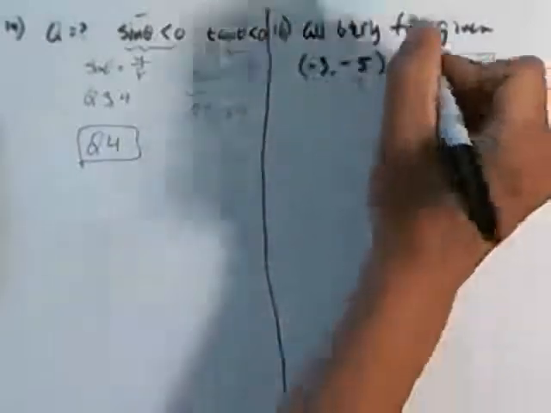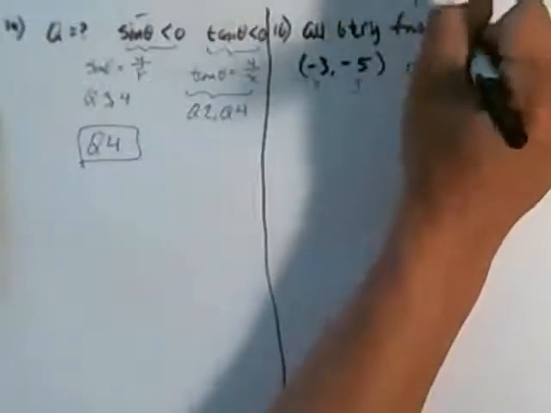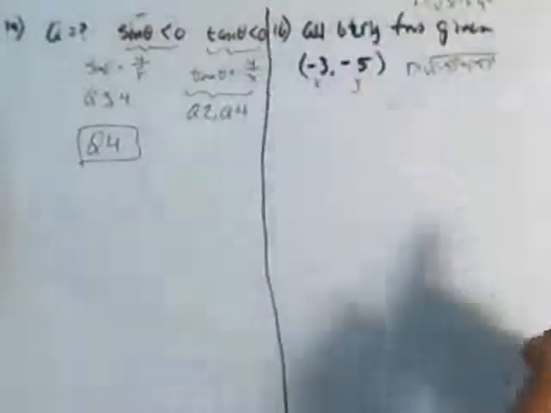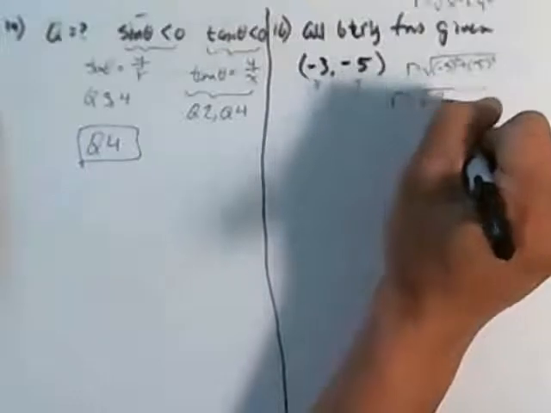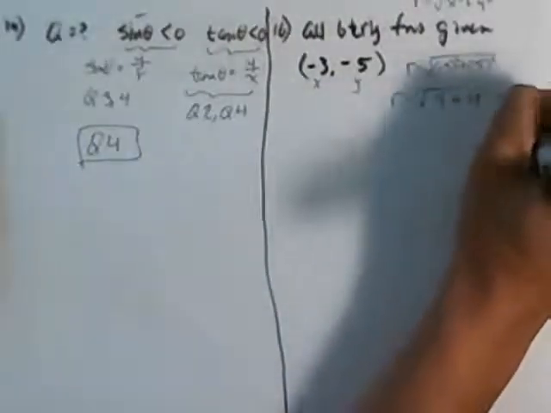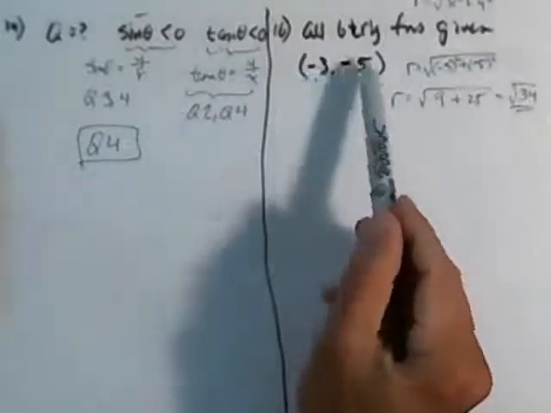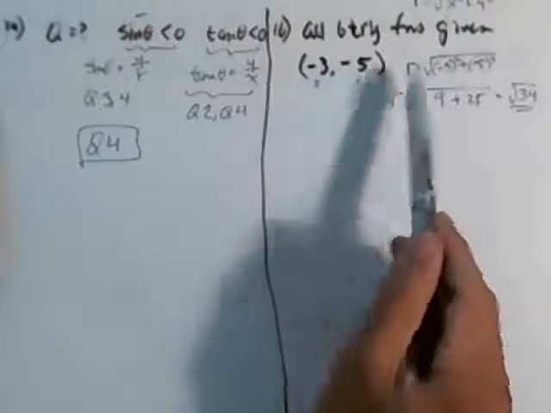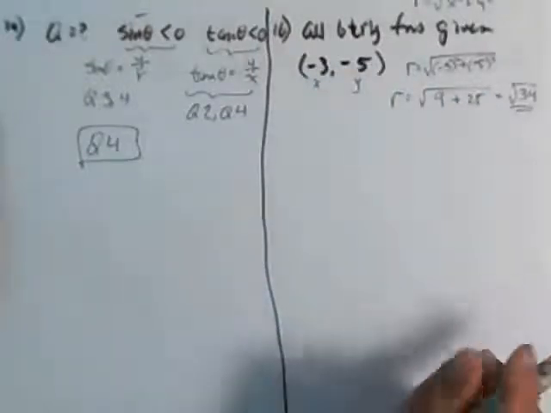Don't forget, the formula is r equals the square root of x squared plus y squared. So the radius is equal to the square root of 9 plus 25, the square root of 34. Don't forget, it's not 3, 4, 5, it's 3, 5, and the square root of 34. So maybe a little bit tricky on you guys.